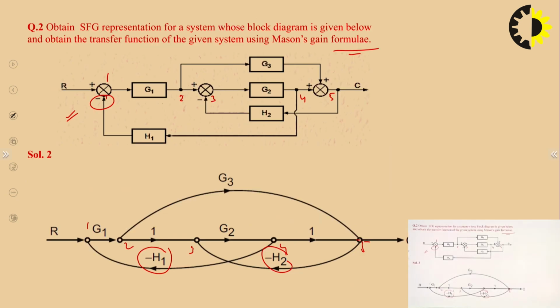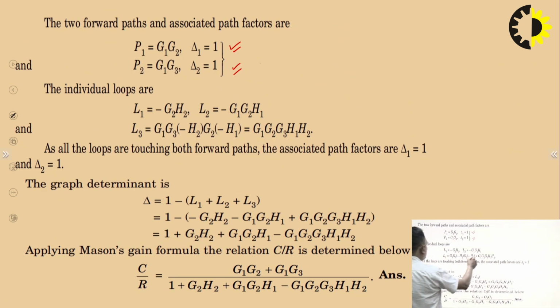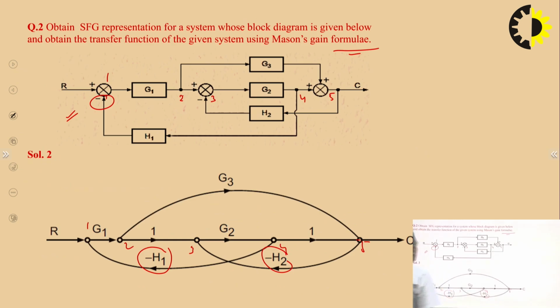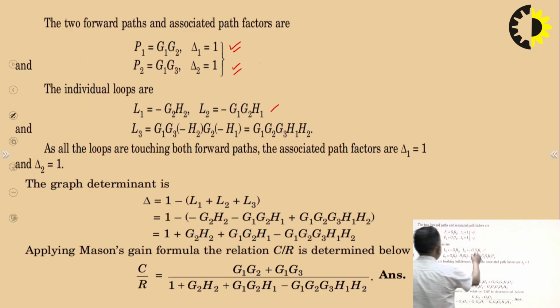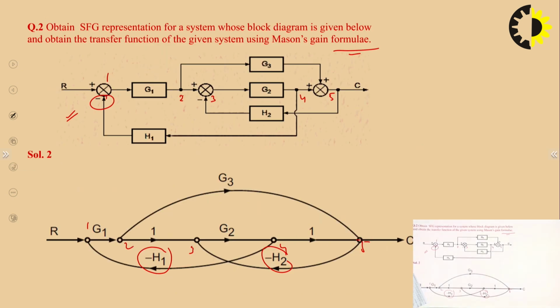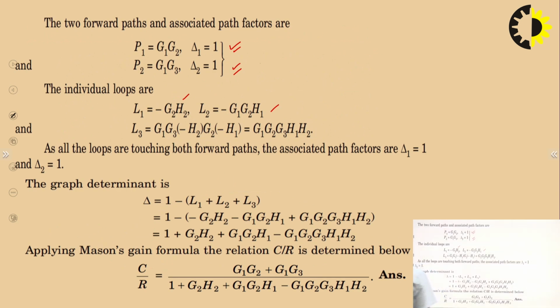Now if you talk about individual loops, the individual loops are minus G1, G2, H1, and minus G2, H2, and minus G1, G3, H2, G2, H1. It means G1, G2, G3, H1, H2.